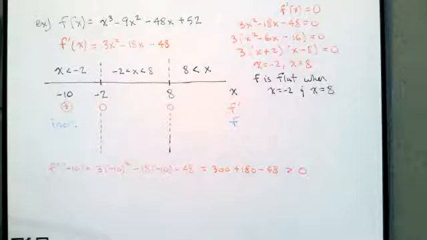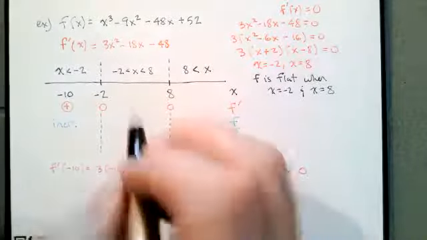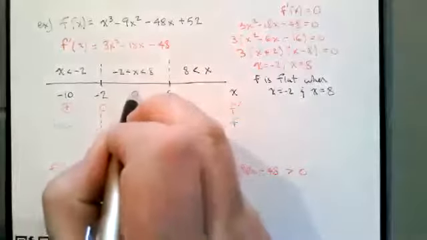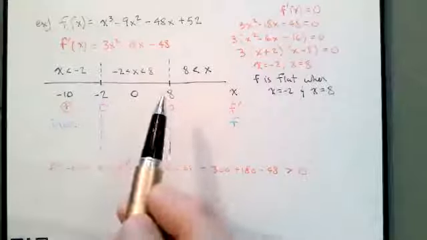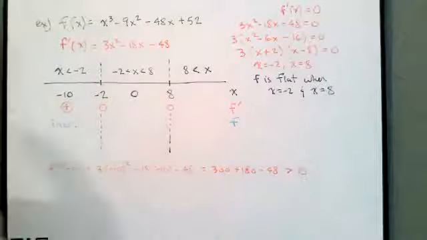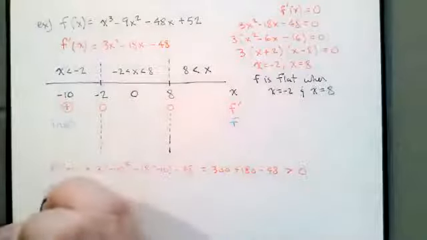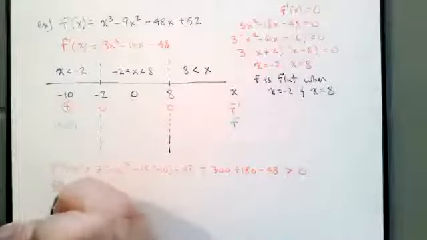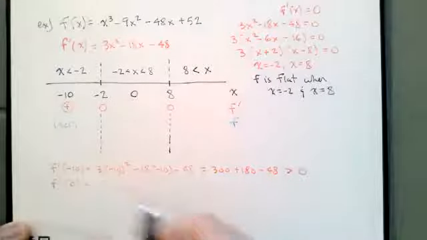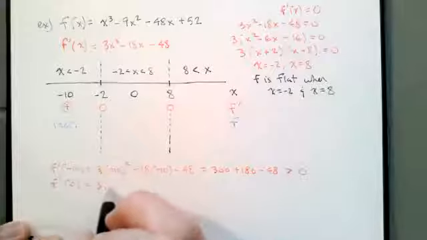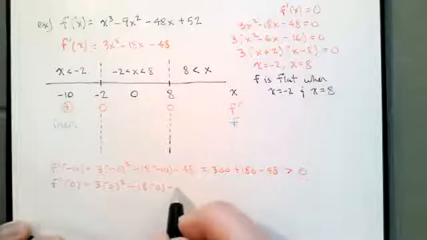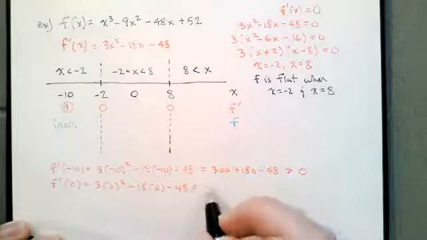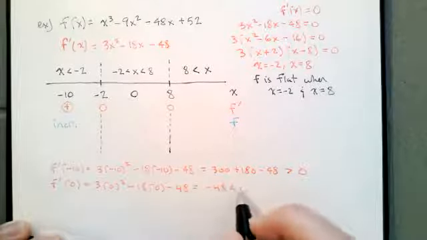Now we can choose a representative between -2 and 8, and I'm going to choose 0. 0 is going to be the representative for all the x values that are strictly between -2 and 8, and we're going to test f prime of 0. So I'll have 3 times 0 squared minus 18 times 0 minus 48, which is -48, which is negative.